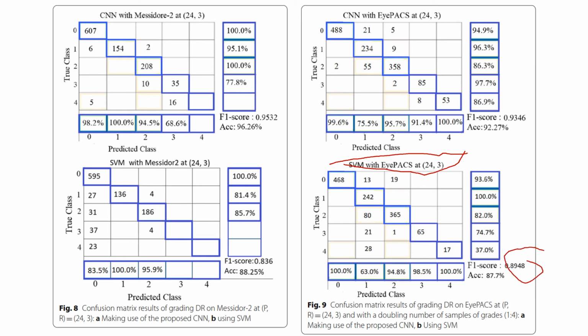Comparing the two rows, the first row for CNN, the second row for support vector machine, we can conclude that our proposed CNN model is better than the support vector machine because it gives better results in general. For example, here it is 95, here is 83. The difference is too much.